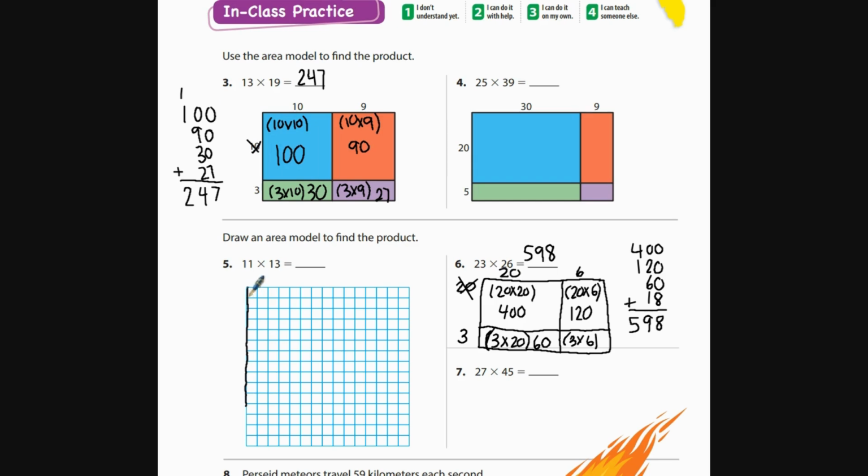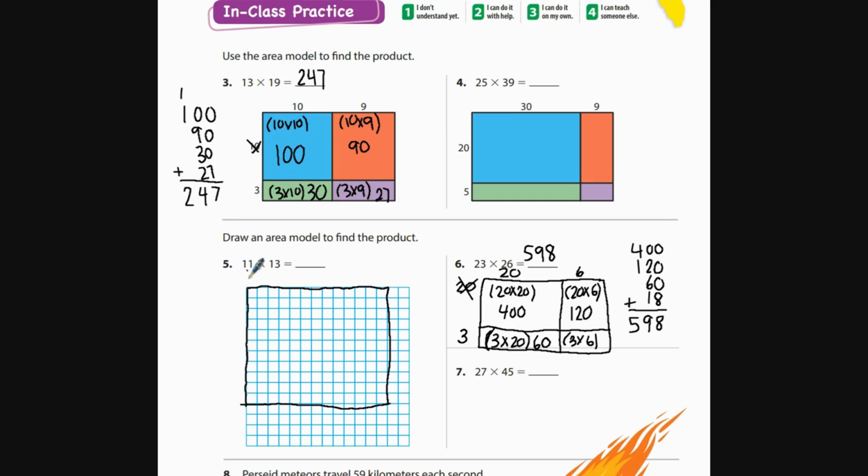And 13 across, we're going to go 1, 2, 3, 4, 5, 6, 7, 8, 9, 10, 11, 12, 13. Bring that all the way down. And then all I'm going to do is close off my little box right here. And then that's going to give me my area model.